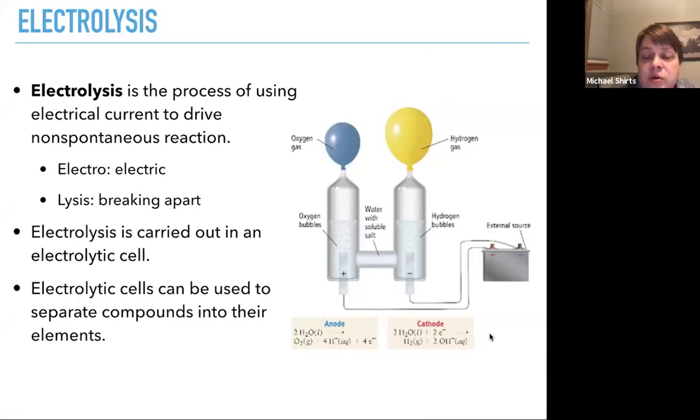At the cathode, you get the hydrogen in water being reduced and you get hydrogen gas. And of course, you get twice as much hydrogen gas as oxygen. You can see right there the stoichiometry. There are probably easier ways to get it, but it becomes very clear what the stoichiometry of water is because of that.